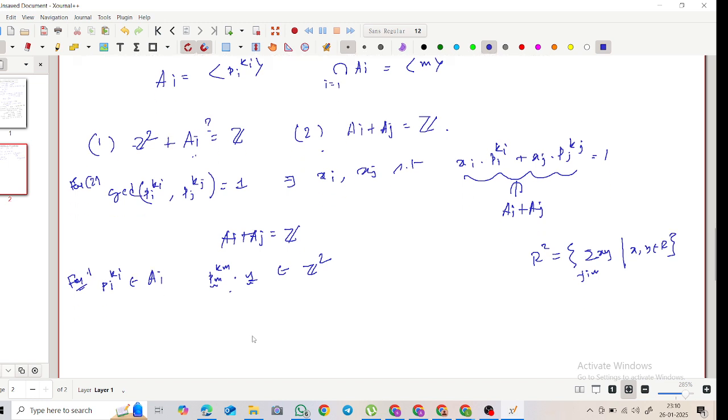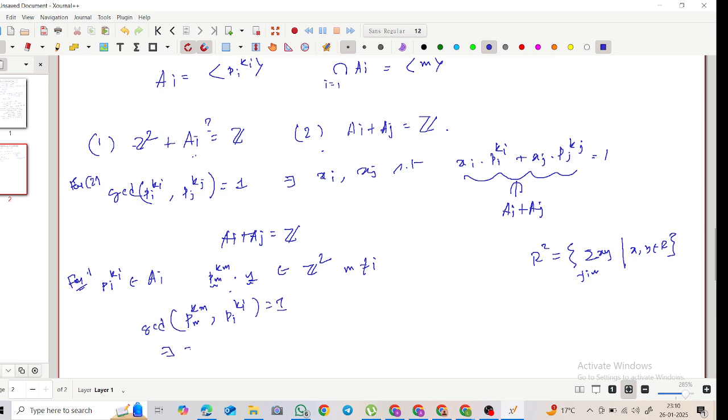Now you see they have GCD 1 again. Of course, the same m can't be equal to i. So the GCD is 1 again because p_i and p_m are distinct primes, right?